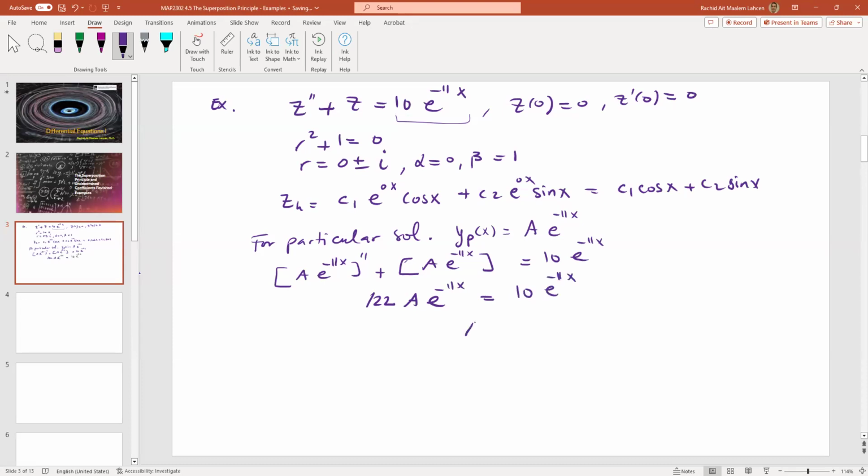And that makes A to be 5/61. So now we know what the general solution is in terms of x. It's going to be this particular solution plus the general solution to the homogeneous case.